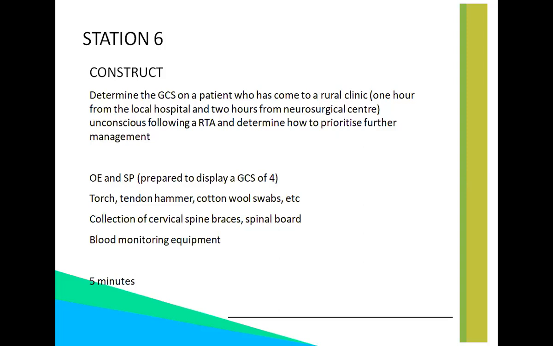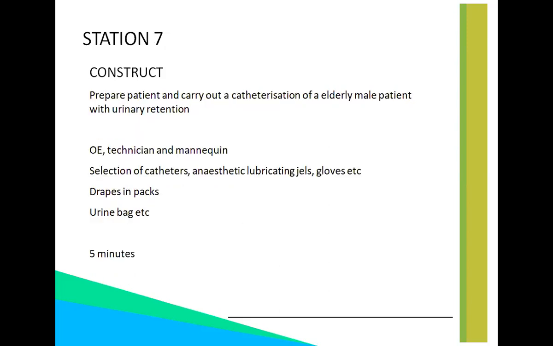Same idea, it needs a standardized patient prepared to display a Glasgow Coma Scale of 4, torch, tendon hammer, cotton wool swab, etc. A collection of cervical spine braces, spinal board, blood pressure monitoring equipment, and the time allowed is 5 minutes. This is how the examiner constructs. You need to know how the examiner constructs stations because you need to know the aim of the examiner so as to answer the station.